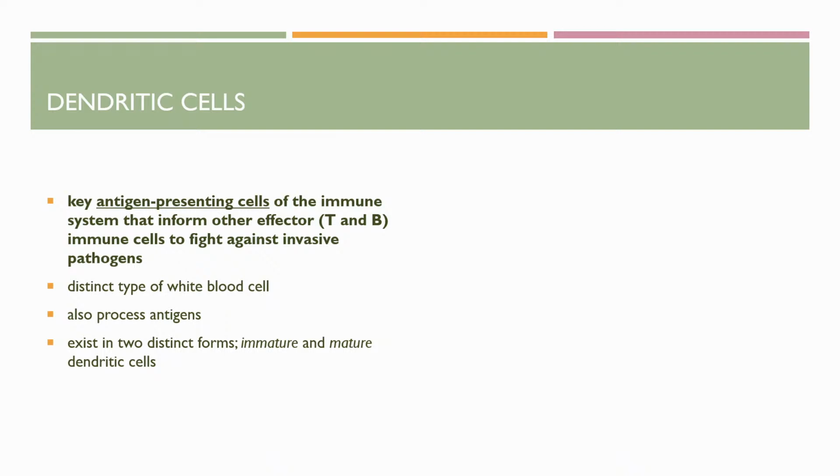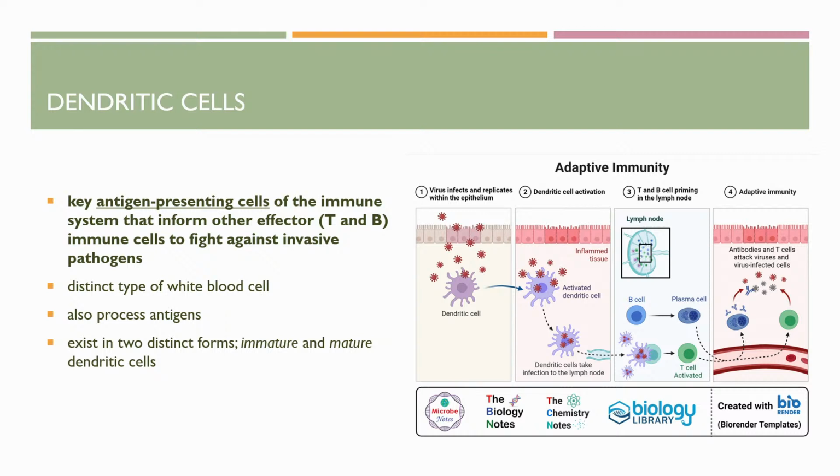Dendritic cells are key antigen-presenting cells that we talked about, and they inform other cells like T and B cells to fight against pathogens that invade and surpass the dendritic cell. These are a distinct type of white blood cell. They also can process antigens, so that's the antigen processing, where they break them down into peptides. And dendritic cells can exist in two distinct forms, like other cells as well, immature and mature.